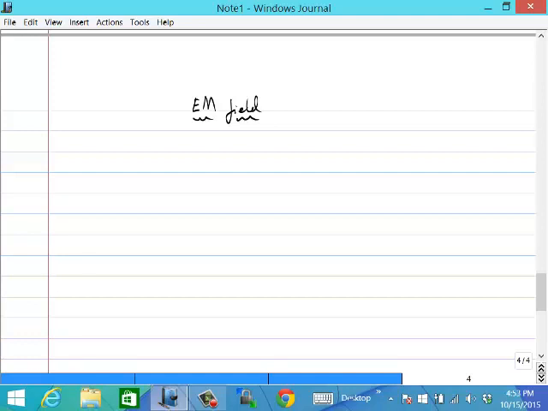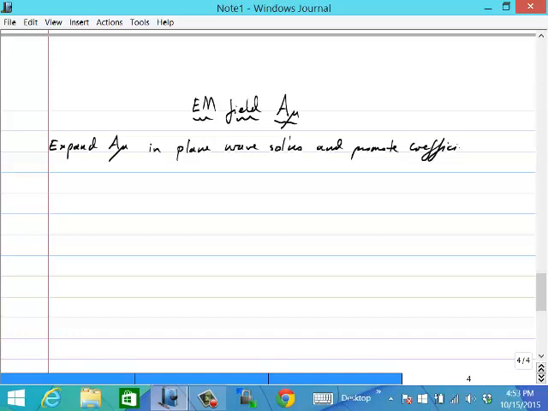So, roughly speaking, the way that we proceed with the quantization of the electromagnetic field is to take the field variable, which is the 4-vector potential A mu, and we expand A mu in a family of plane wave solutions, and then promote the coefficients in this expansion in terms of plane waves to operators, and in particular to an infinite family of simple harmonic oscillators.